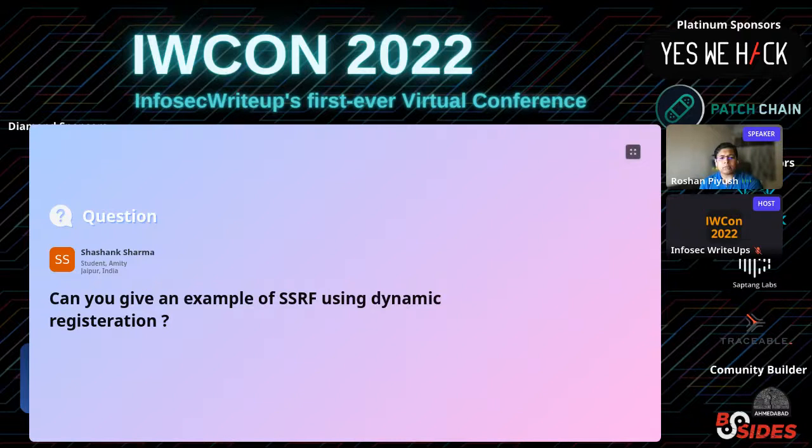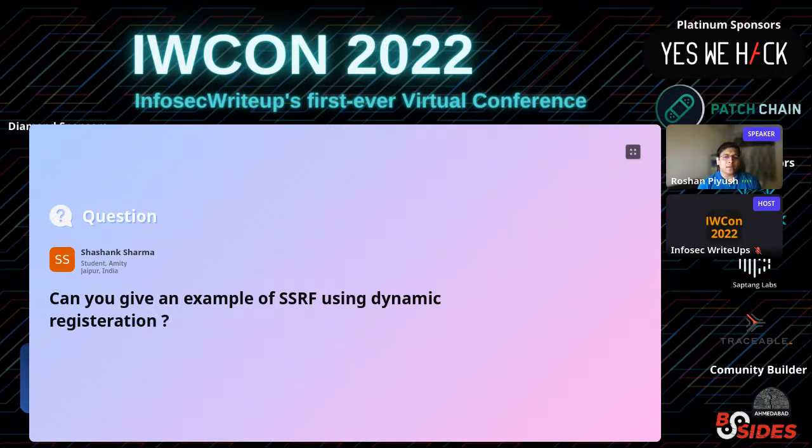Okay, yeah. So dynamic registration in OAuth 2.0, there's an entire RFC on this, so you will be able to read this. Dynamic registration allows any client, like you have always seen in OAuth there is a client ID and a client secret through which you interact from the backend with the authorization server, from the server side. And that application that is interacting now becomes dynamic.